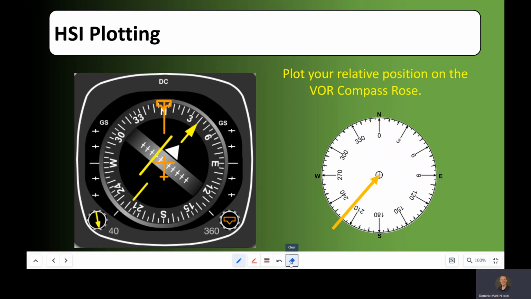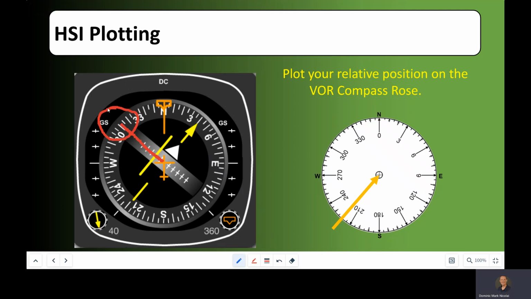Now I'm going to figure out which side of the course I am on. Of course, my one simple trick, it works. Start at the center, work toward the CDI along the scaling, and I see I have to go northwest to get on the course line.